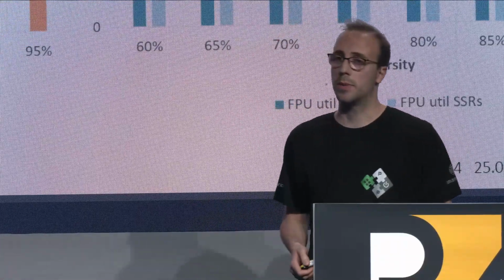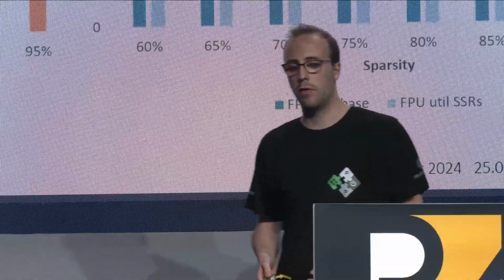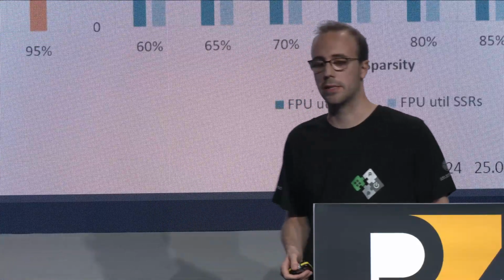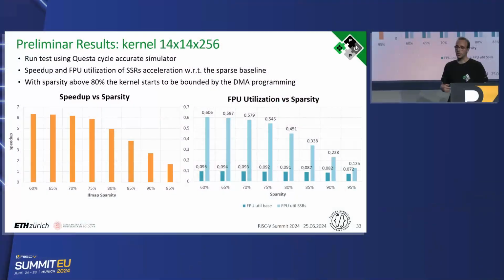For moderate levels of sparsity, we can reach a speed up factor of 6, while for high levels of sparsity, so above 80%, the speed up factor is a bit reduced due to the fact that we don't have a lot of values to work on, and we're issuing a lot of DMA requests.